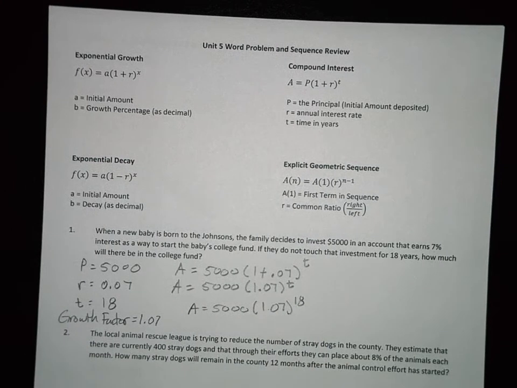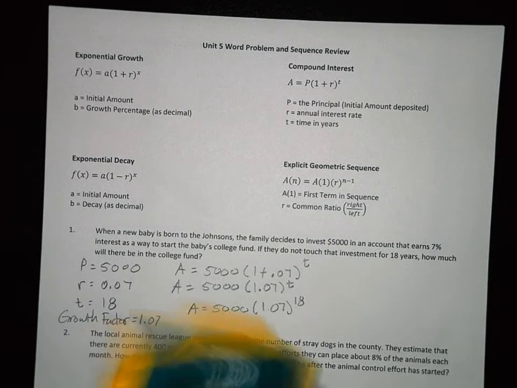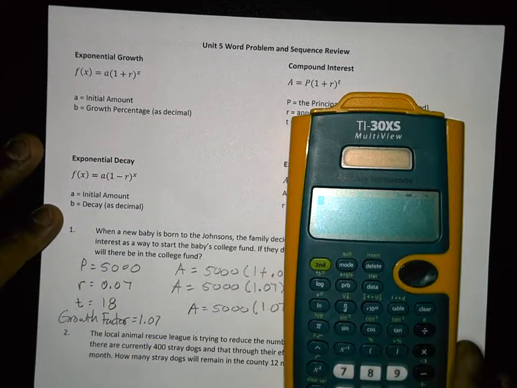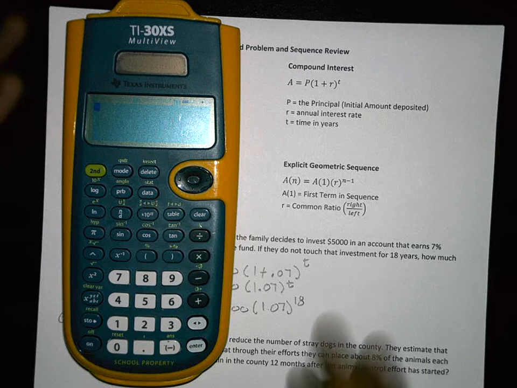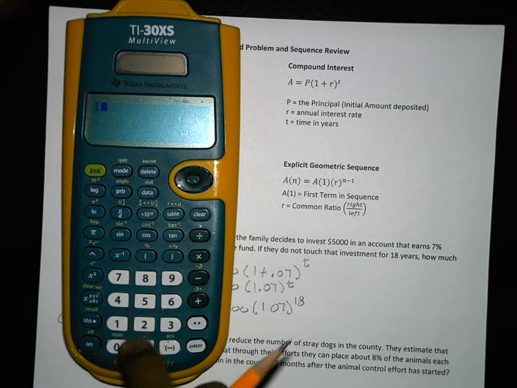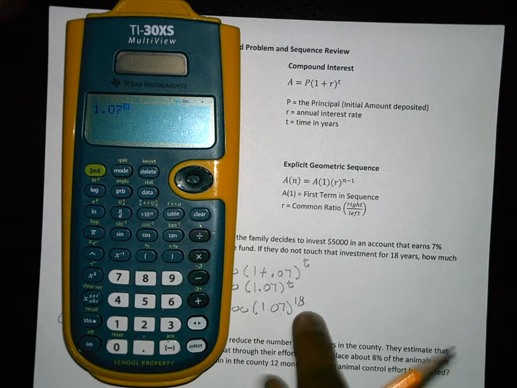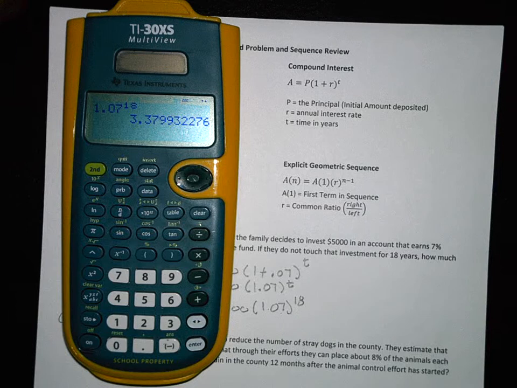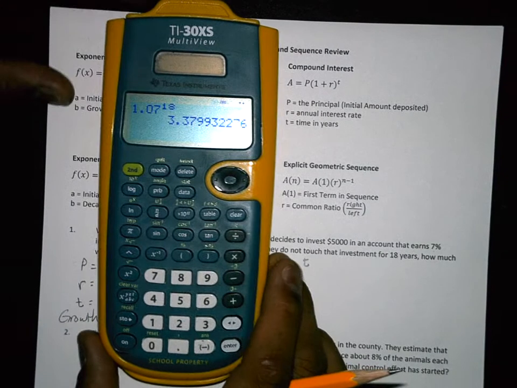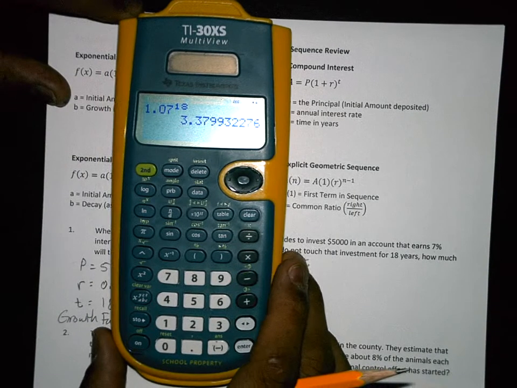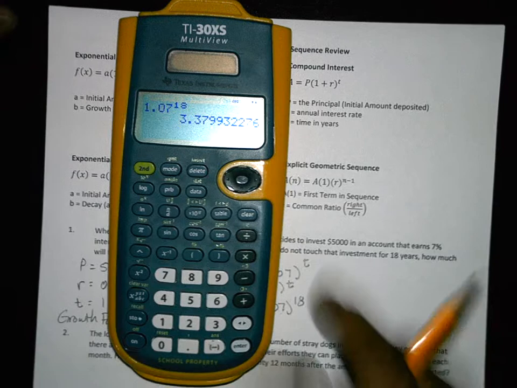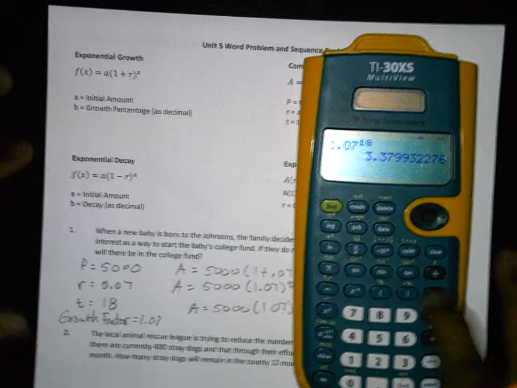And from here I'm going to need to get myself a calculator. If I go ahead and enter this into my calculator, I'm plugging in 1.07 to the 18, which comes out to this. And then I multiply this times the initial principal, which is 5,000.